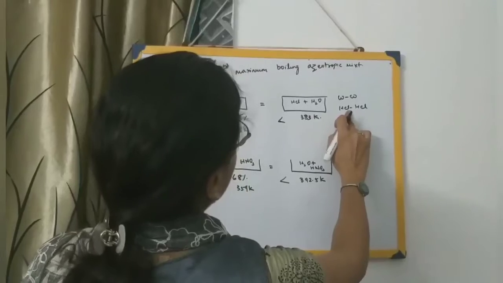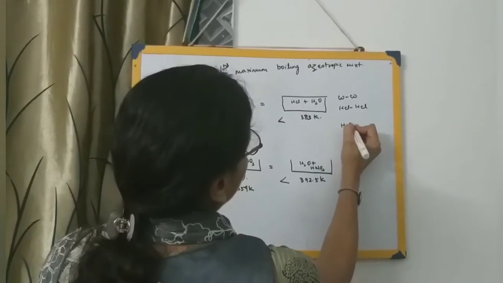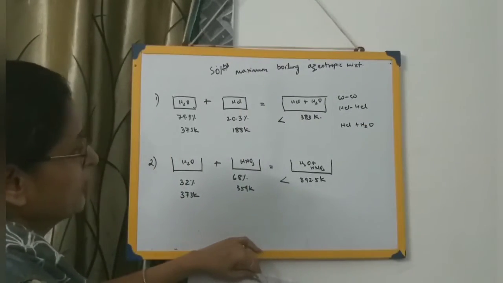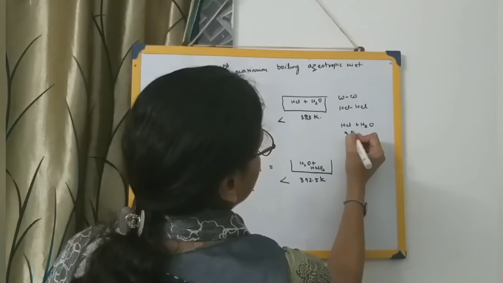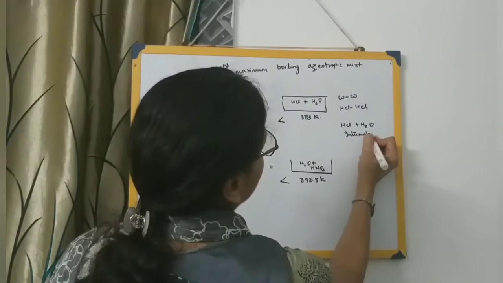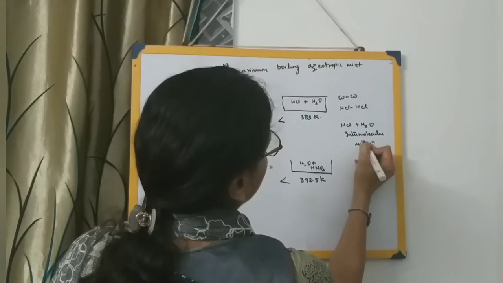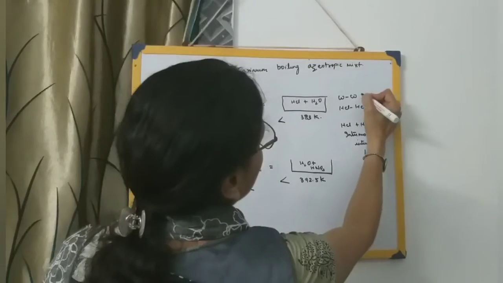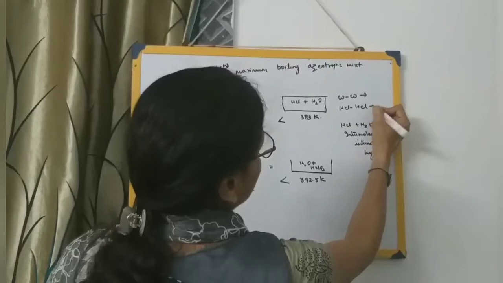At the same time, in the solution that has been formed, HCl plus H2O, there are also intermolecular interactions. So we'll find this intermolecular interaction is higher as compared to the intermolecular interactions between water and HCl themselves. That is this.